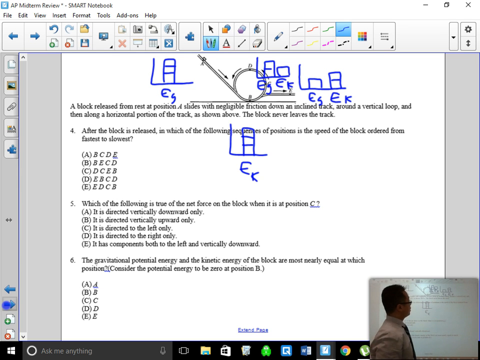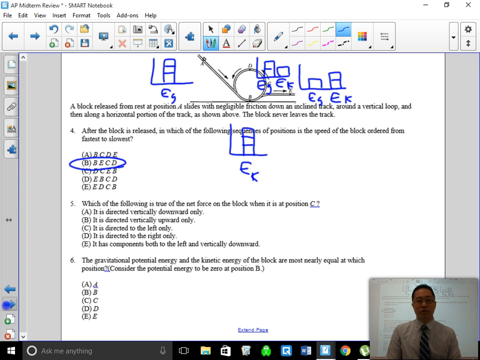And E would be in between B and C. So if we're talking about when it has the most kinetic energy, we're talking about point B, then E, then C, then D. So for our cases, it's going to be B, E, C, D, so it's choice B.